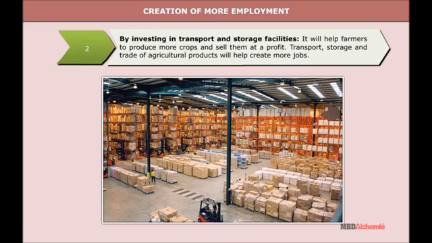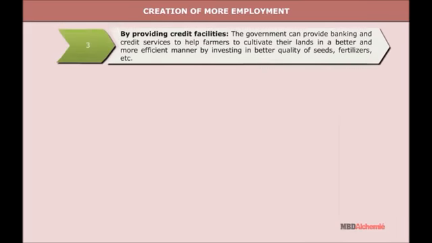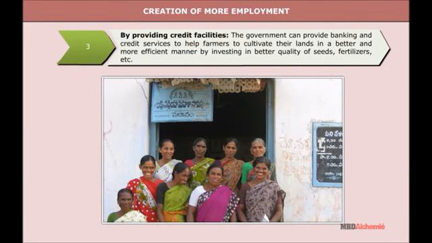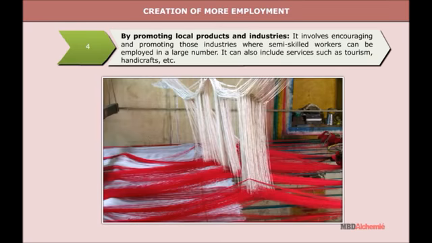Transport, storage and trade of agricultural products will help create more jobs. By providing credit facilities, the government can provide banking and credit services to help farmers to cultivate their lands in a better and more efficient manner by investing in better quality of seeds, fertilizers, etc. By promoting local products and industries, it involves encouraging and promoting those industries where semi-skilled workers can be employed in a large number.